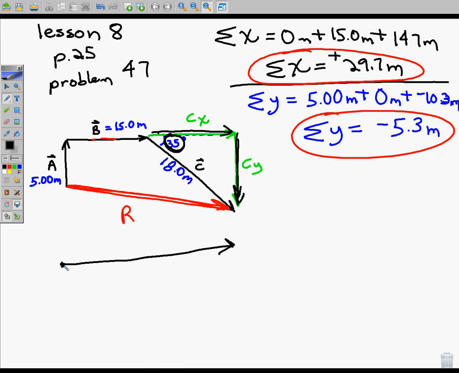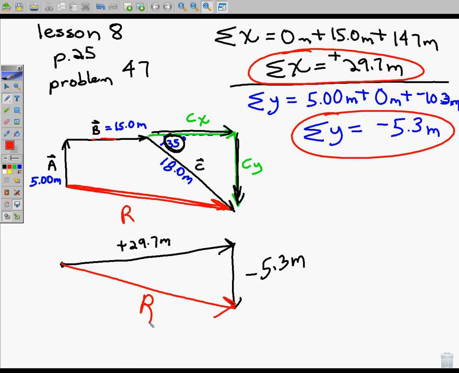So there's my total x plus 29.7 meters. And then my total y, negative 5.3 meters. And now I want to find big red. And how am I going to find that resultant? C squared equals a squared plus b squared.